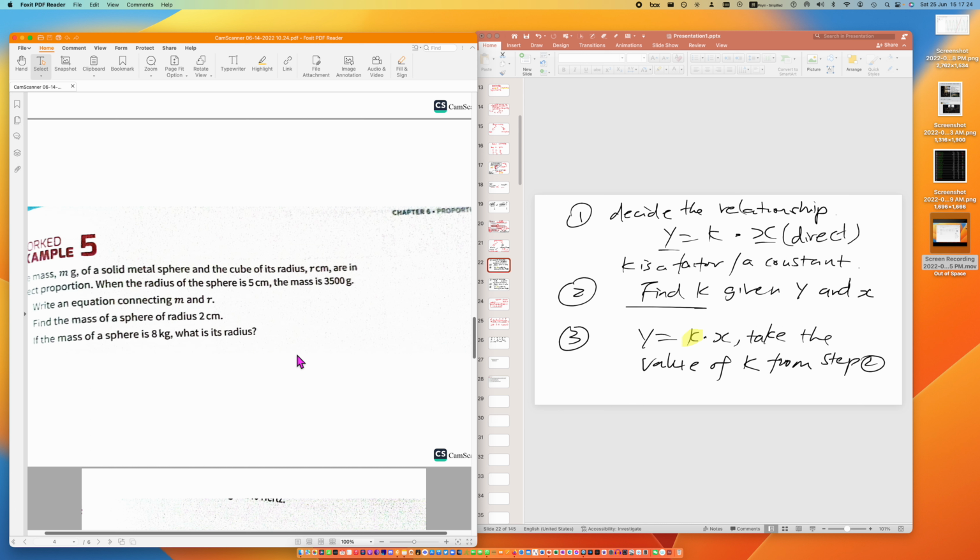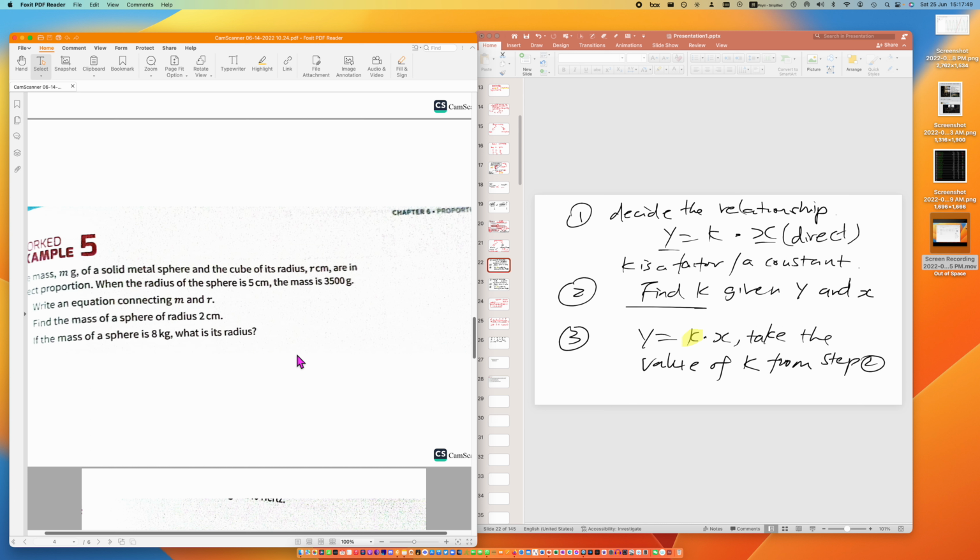Continue. Of a solid metal sphere, okay, you have a ball, and the cube of its radius are in direct proportion. When the radius of the sphere is 5 cm, the mass is 3,500 grams. Okay, very good.